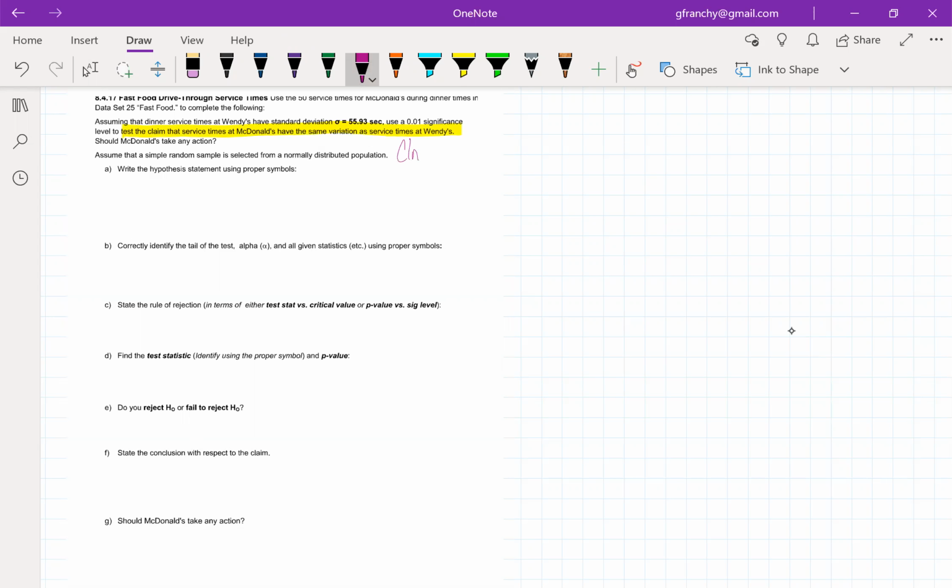And the claim is that McDonald's standard deviation, its variation, is the same as that of Wendy's. The opposite or negation of that is that the standard deviation is not equal to 55.93.